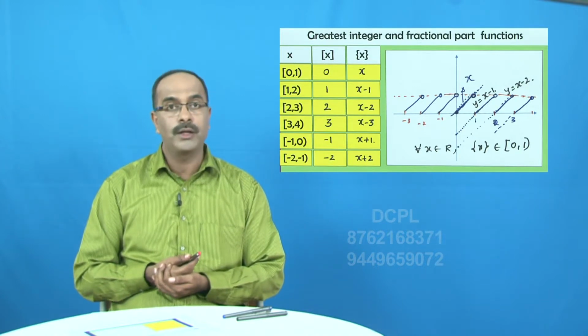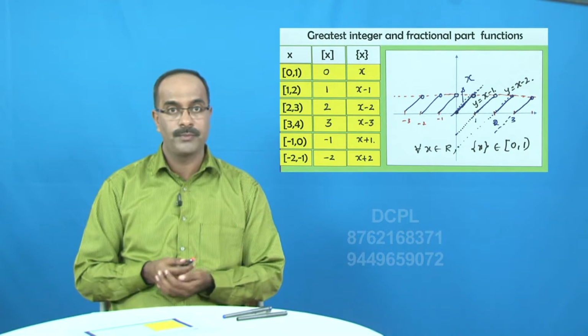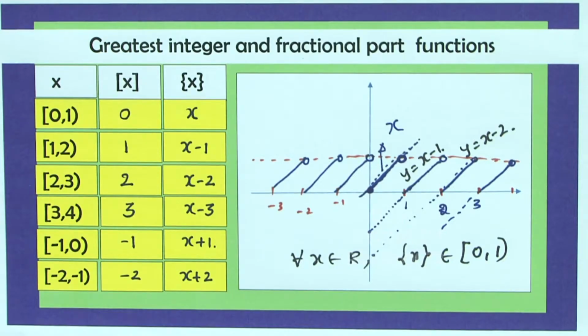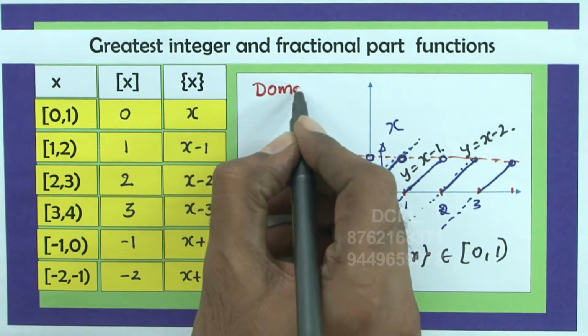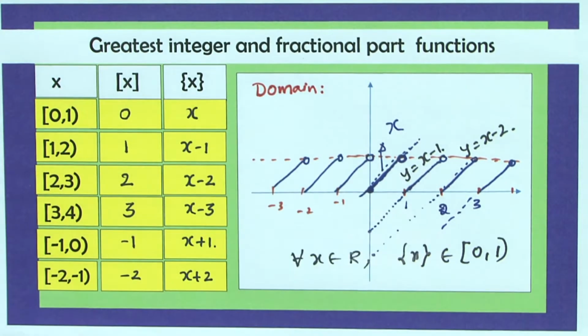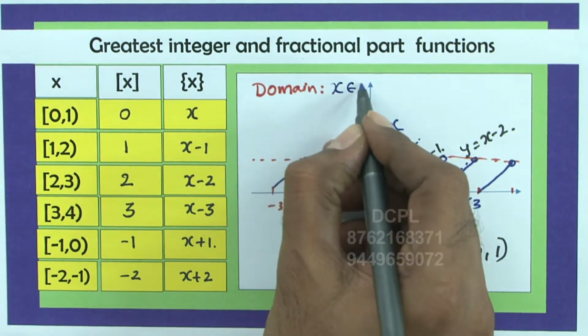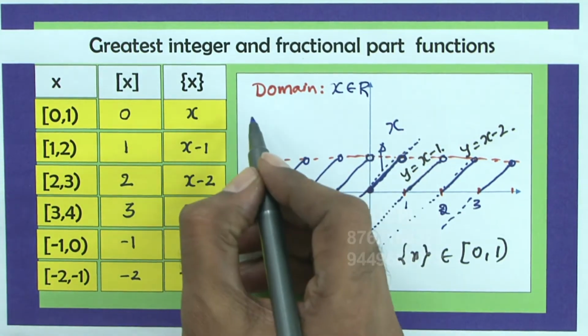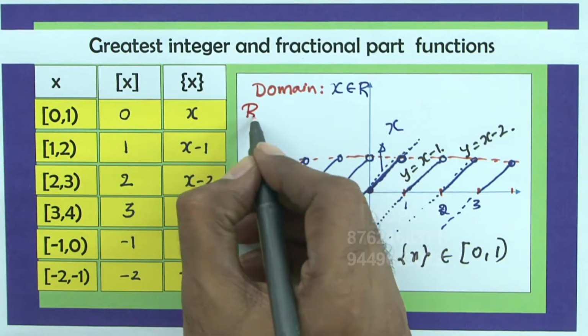Therefore, domain should be x belongs to set of real numbers. Is that correct? See, domain, that is domain of the definition is x belongs to set of real numbers. Range of the function.